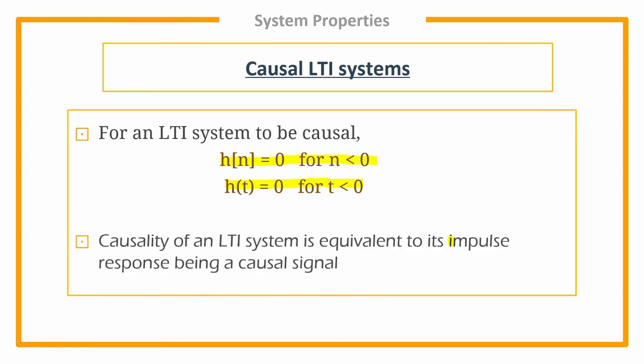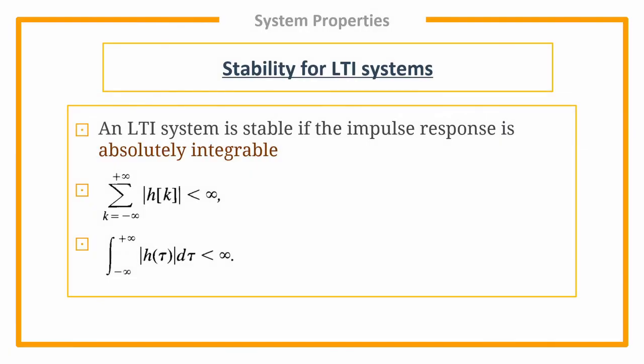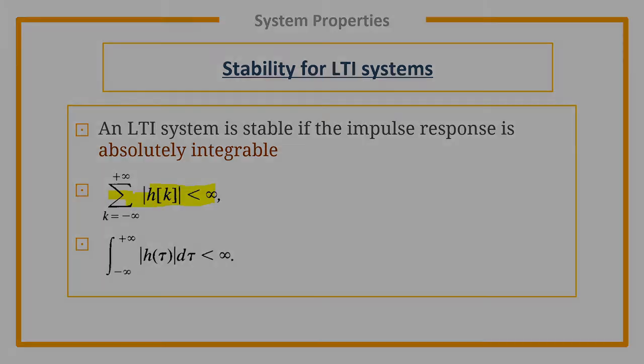So if the impulse response is a causal signal, we say that the LTI system is a causal system. Talking about the stability of LTI systems, an LTI system is stable if the impulse response is absolutely integrable. That is, it satisfies this condition for discrete time systems.